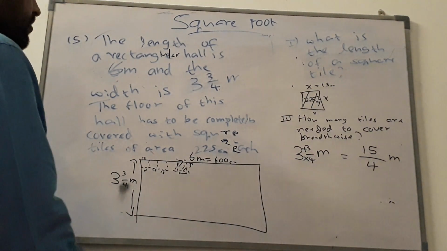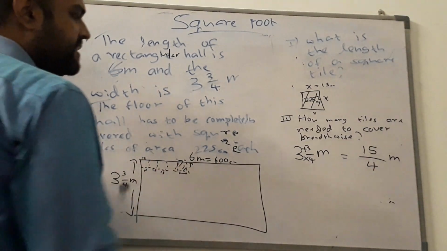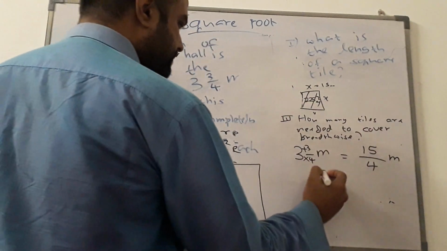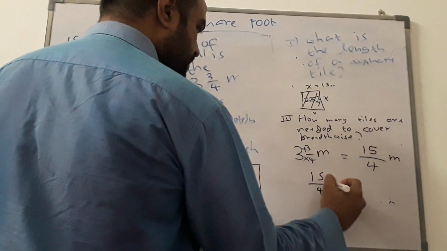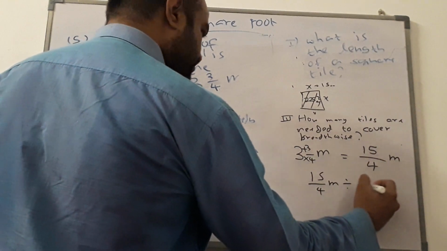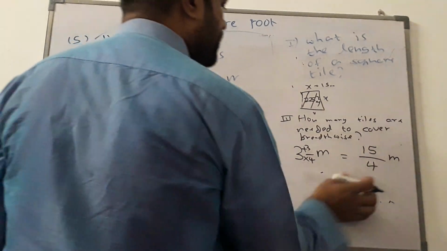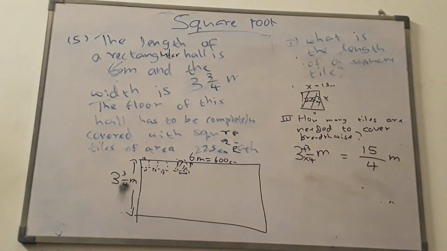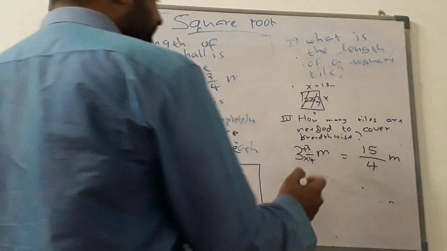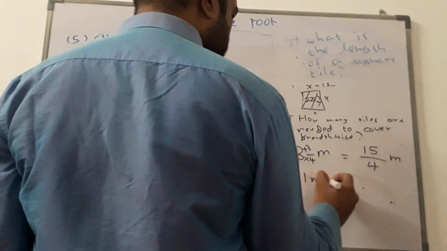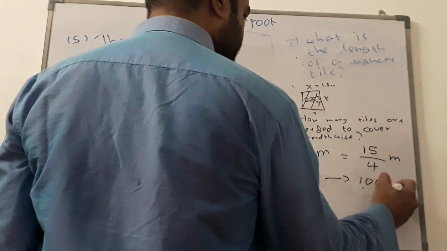And we want to divide this breadth by 15 centimeters. Now this is 15 out of 4 meters. Now we have to convert it into centimeters. 1 meter means 100 centimeters.